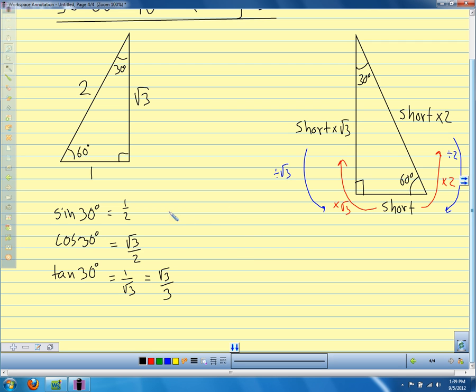Let's look at our, I'm sorry, not our cosines, our 60-degree angle. The sine of 60 degrees. Now we're looking at this angle, opposite over hypotenuse, square root of 3 over 2.